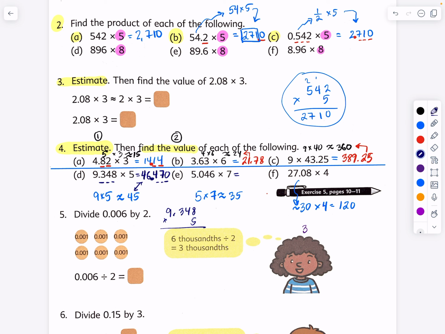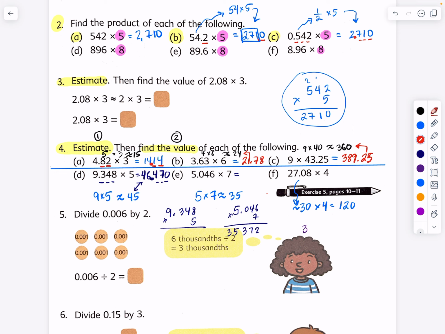Next example, step 1. First, compute the product, 5.046 times 7. Again, do your multiplication and ignore the decimal place. First, find the correct digits, and the correct digits would be 3, 5, 3, 7, 2.